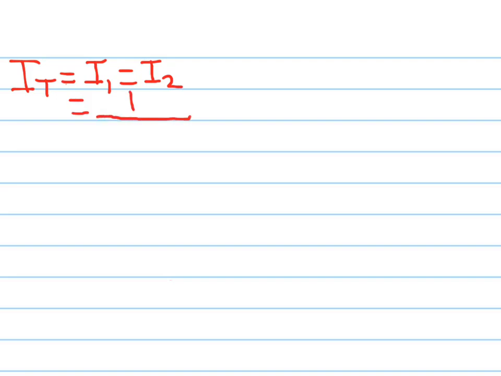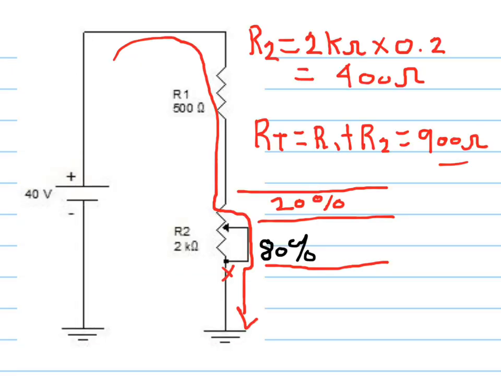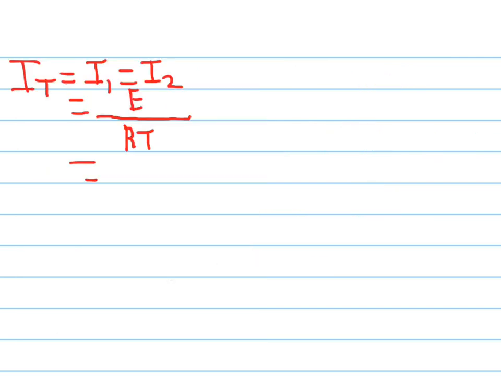So that equals E divided by RT, which equals 40 divided by 900, which is 0.9 over to kiloohms. So we get milliamps at 44.4444 milliamps.